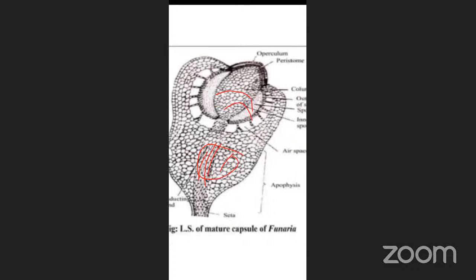So this sporophyte looks like a pear-like structure. The outermost layer is the epidermis layer, and below it are massive parenchyma cells which have chloroplasts, and they are involved in photosynthesis.